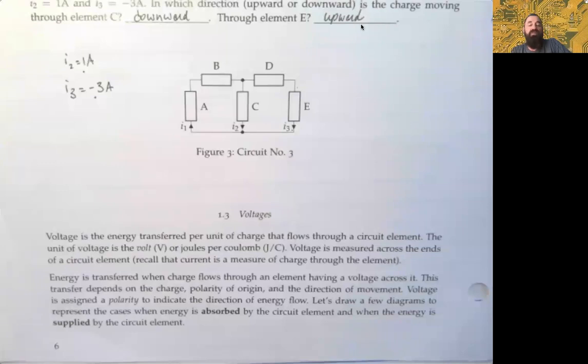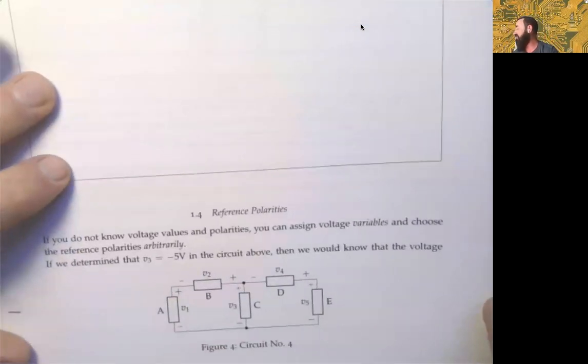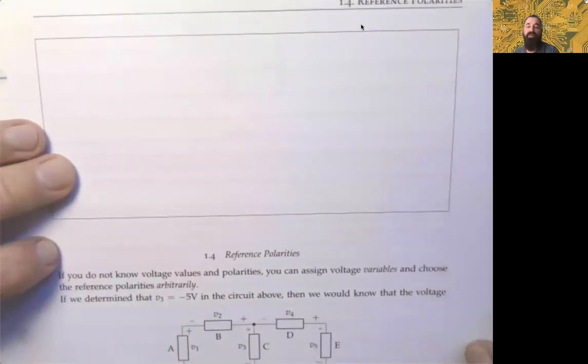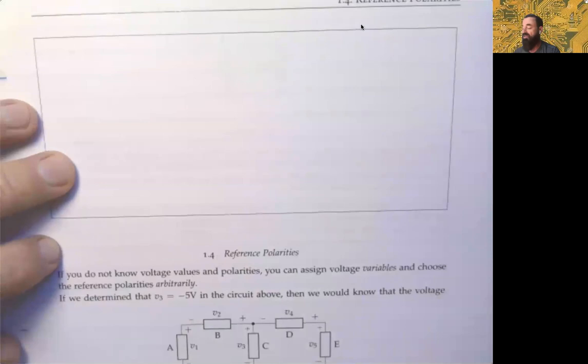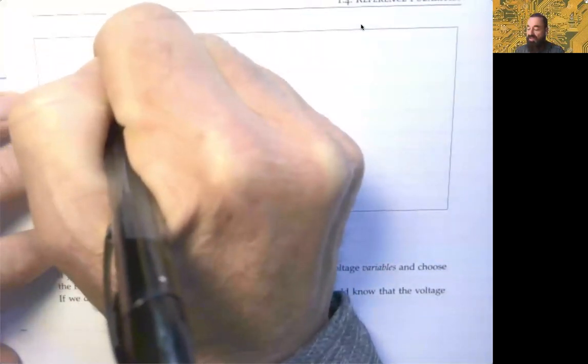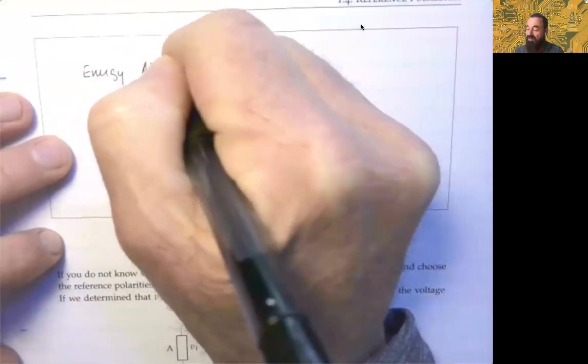So if we turn over to page 7 in that box, we'll illustrate the differences between the absorption and the supply of energy relative to voltage. The first scenario we'll look at is the case of energy being absorbed.